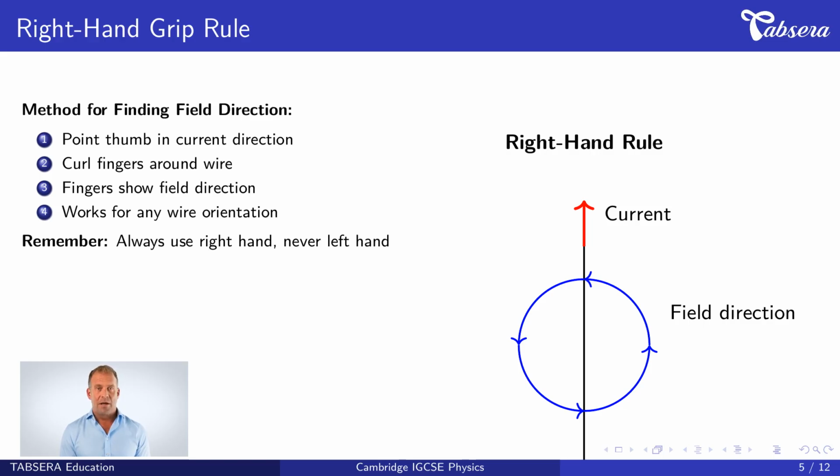Your fingers naturally curve in the field direction. Third, your fingers show the direction of magnetic field lines around the wire. Fourth, this works for any wire orientation, vertical, horizontal, or diagonal. Remember, always use your right hand, never your left hand. This rule is universal and works worldwide. The diagram shows current flowing upward through a vertical wire, with circular field lines following the finger direction.